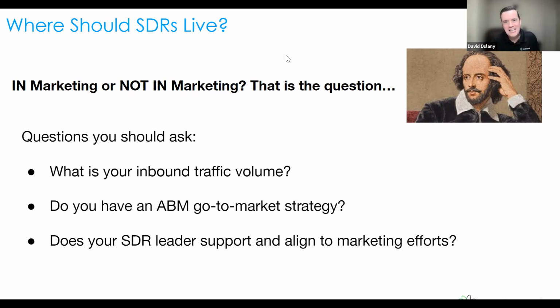If you're walking into that kind of environment, then this is going to be problematic, because if the SDRs roll up to marketing, then they're immediately at odds with the sales team. And there's a lot of finger pointing, that the SDR team sucks because they roll up to marketing, right?